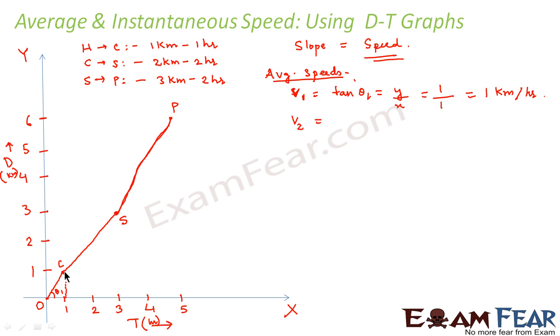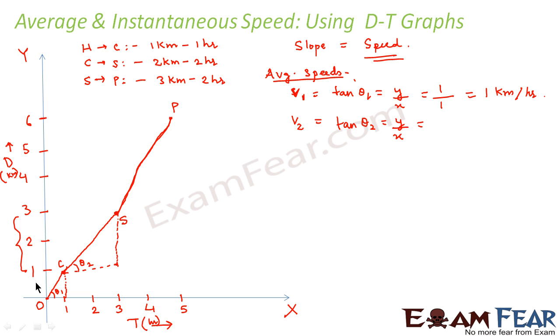So this is V2. Now to calculate the slope of this line, this angle, let us suppose, is theta 2. So this will be equal to tan theta 2. Tan theta 2 is again y by x. So what will be the value of y in this case? We want this value of y. This total value is 3, minus this value 1, because we want this value.